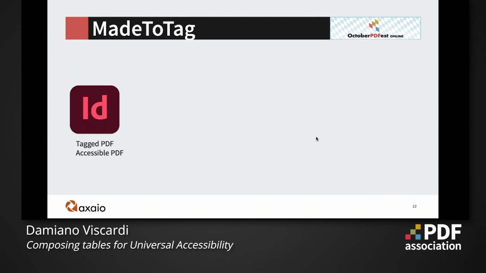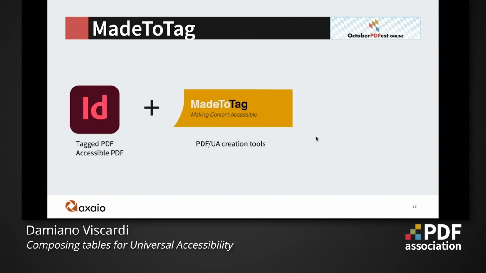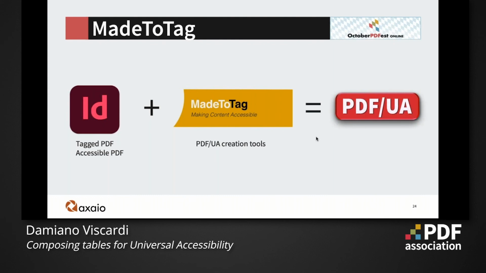InDesign itself is capable of creating tagged PDF and accessible PDF, but it's not enough to create a PDF/UA certified PDF. And so MadeToTag adds a set of tools on top of InDesign to create and output a PDF/UA file.